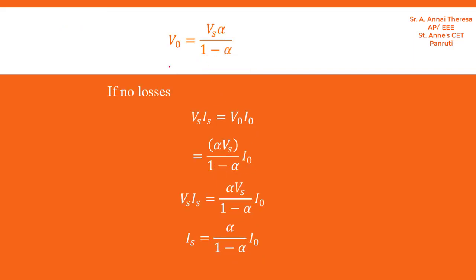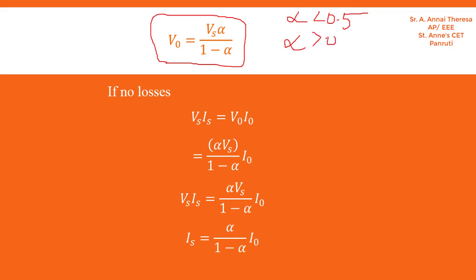This is the output voltage of the buck boost converter. You can verify this output voltage. If alpha is less than 0.5 and you apply this value over here, you will get the operation for a buck converter. If you apply a value of alpha greater than 0.5, you will get the operation for a boost converter.